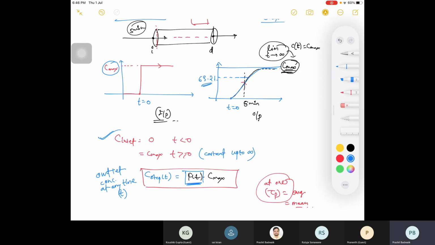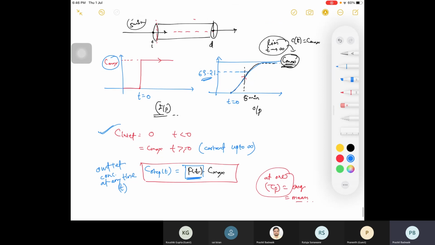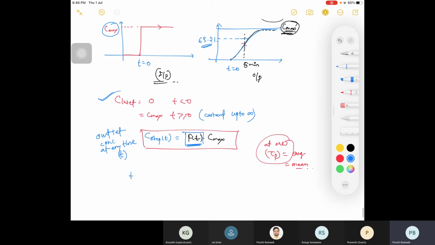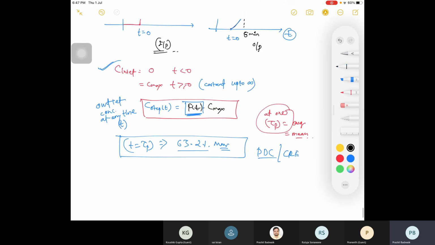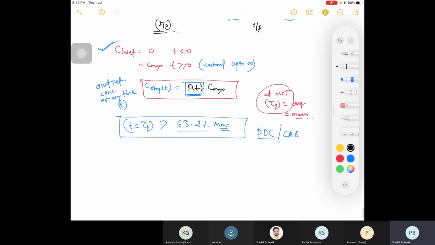This is what we will derive in process dynamics and control, but the same concept applies here. Whenever t, on the x-axis, equals tau p, you will have 63.2% of your maximum value. This question is generally asked in process dynamics and control, or in CRE if you relate it. Maybe I can tell you the equation, but that may be a bit difficult for you to understand, so we'll cover that in process dynamics and control.